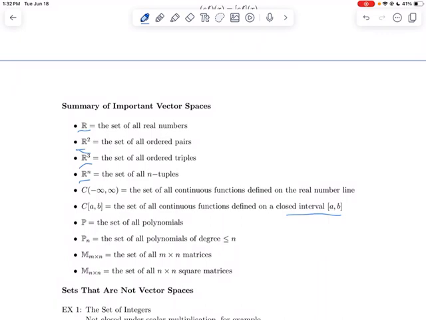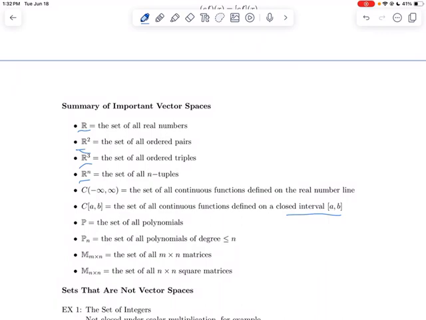P, the set of all polynomials. Then Pn, the set of all polynomials of degree less than or equal to n.